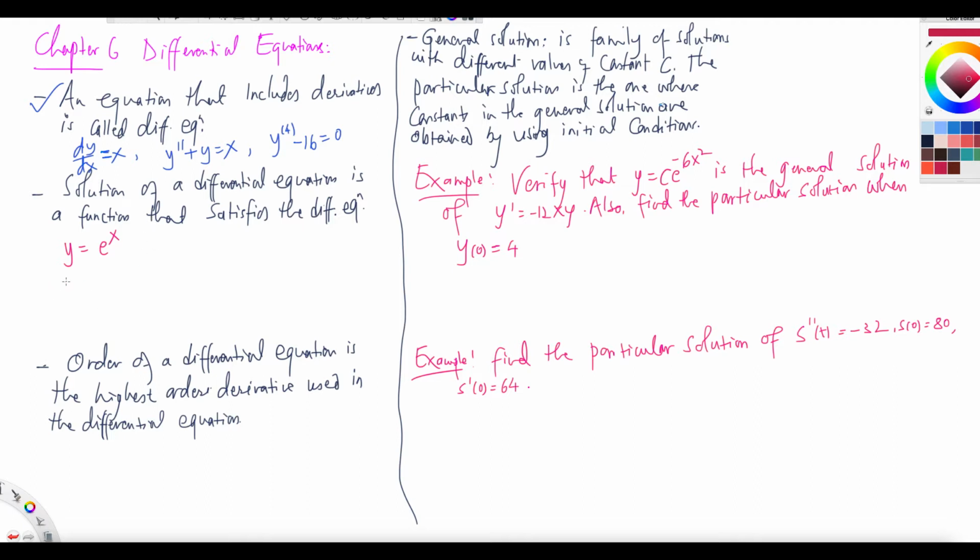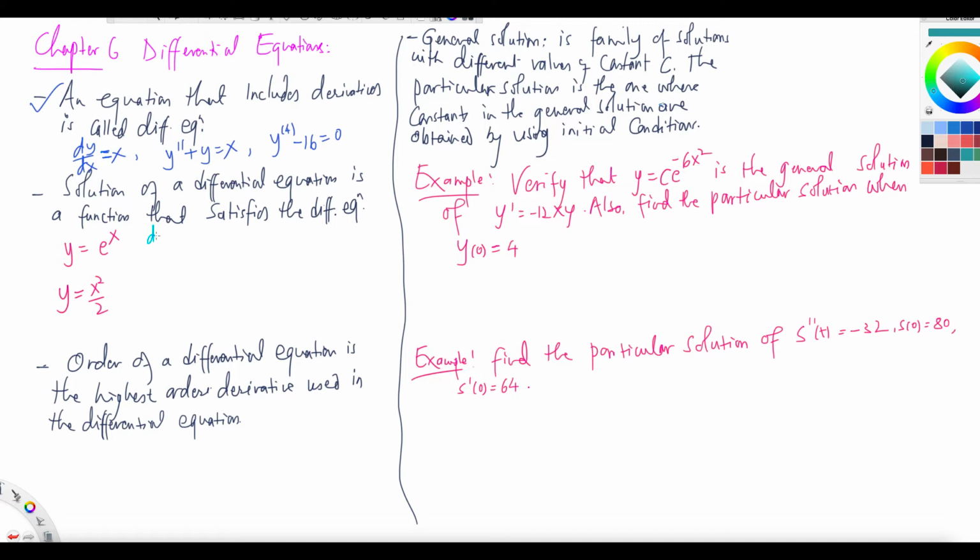Okay, so we will try two functions. One we will try is y equals e to the x, and see if it satisfies. Another is x square over 2, and see if it satisfies. So I'm plugging in to that equation.